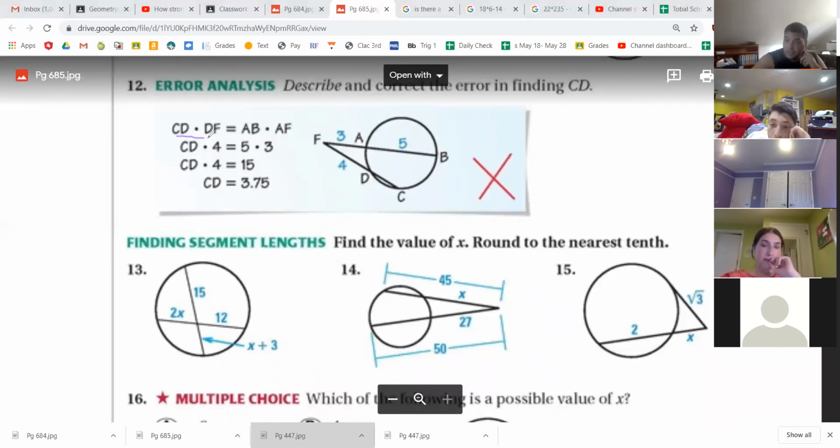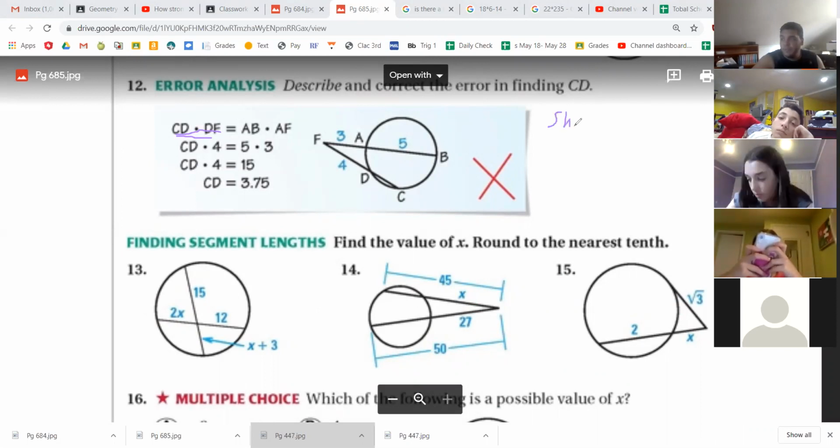They said D, CD, and DF. So CD and DF. It's the error that I made earlier. Instead of taking the outside and the whole piece, they took each piece separately, which is incorrect when you're dealing with secants. It should be DF and CF.